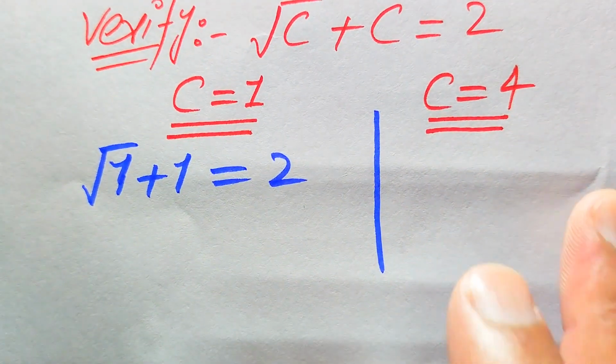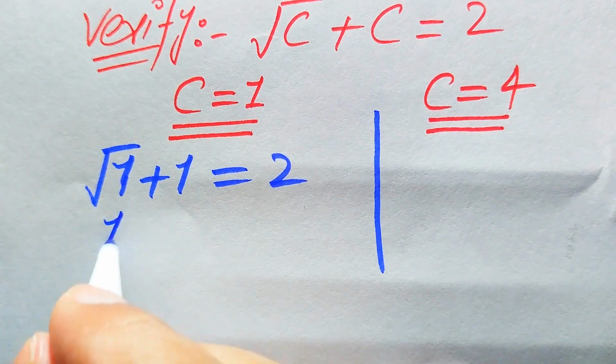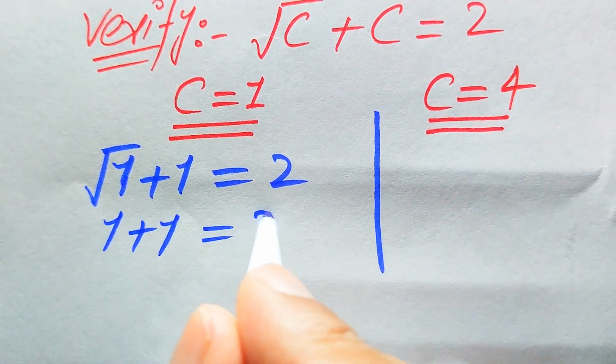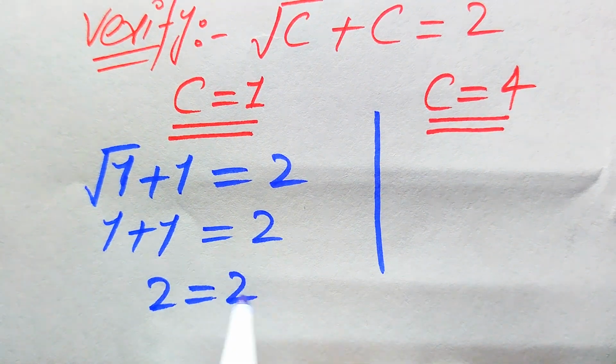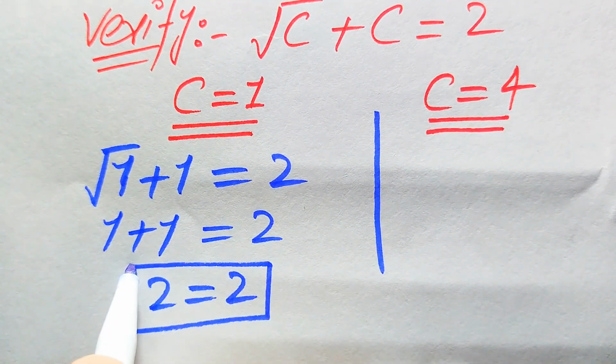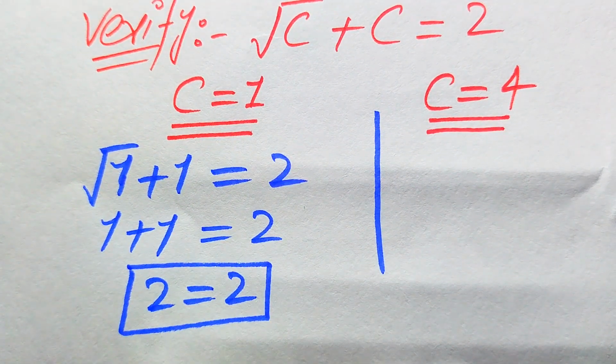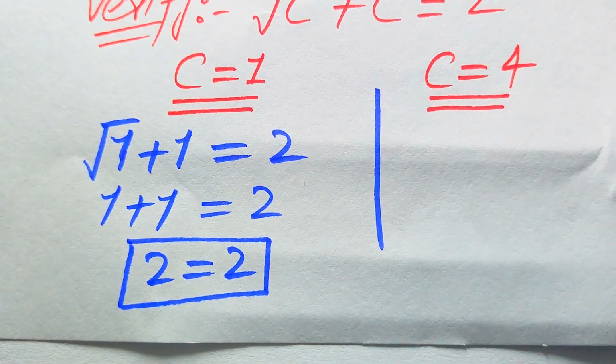And now in the next step, square root of 1 becomes 1, plus 1 is equals to 2, and 1 plus 1 becomes 2 equals to 2. So this shows that both of the sides are equal. It means that the value c is equals to 1 satisfies our given question statement.